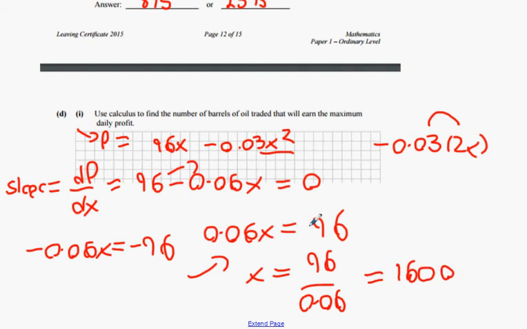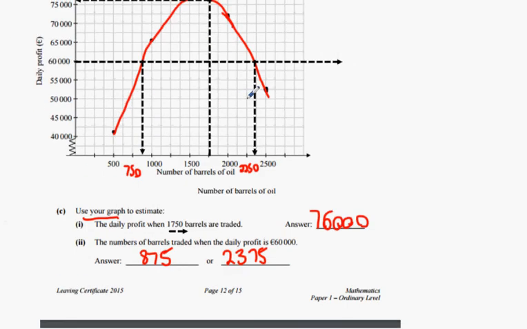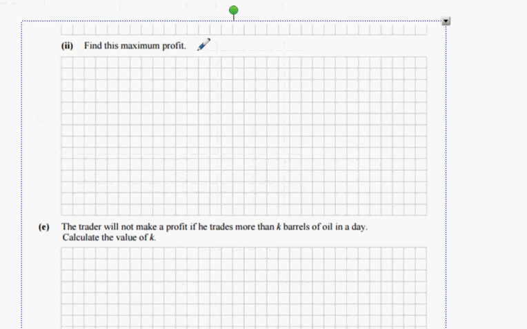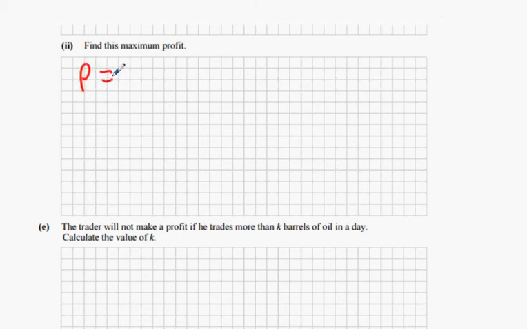1600 was within the region I was expecting. Remember I showed you the diagram earlier? It's within that, the upper part is around 1600. The next question is how much profit did you make when you're at 1600? So what you do is you get your profit.